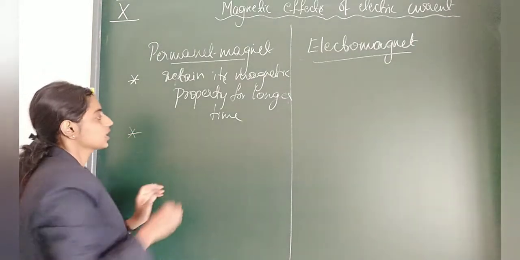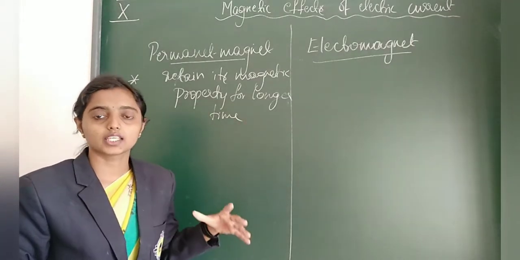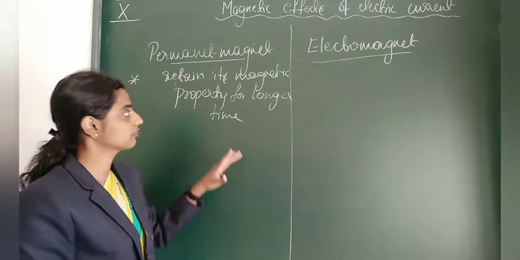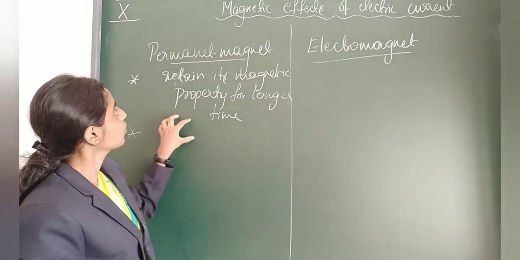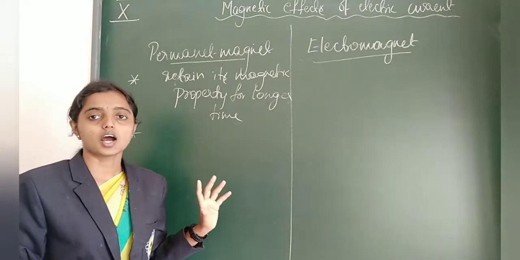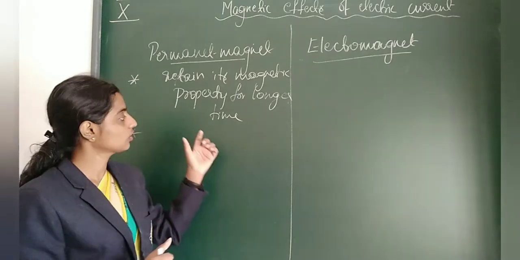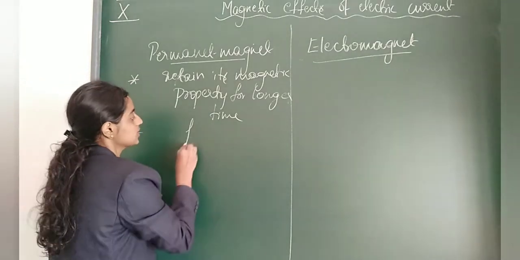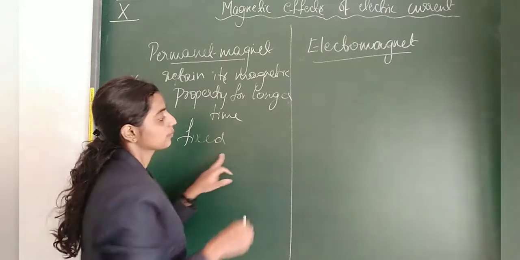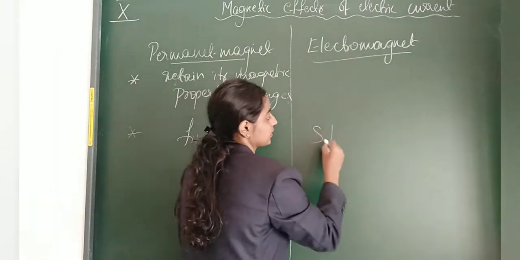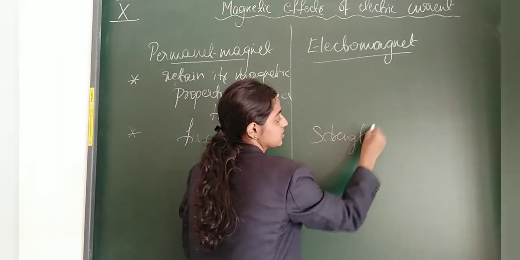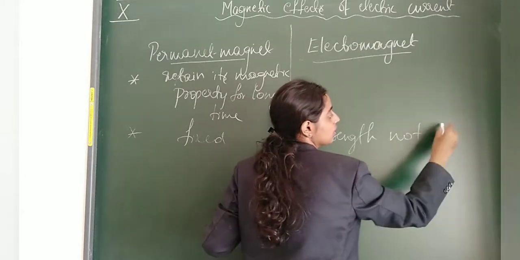And the next one is the strength of the magnetic field. The strength of the magnetic field produced around a permanent magnet is fixed. So what about here? The strength is not fixed.